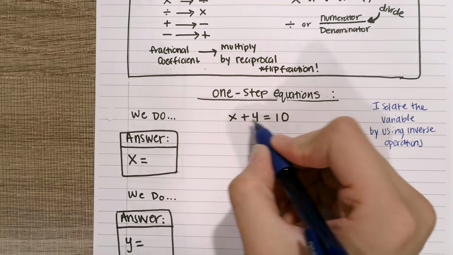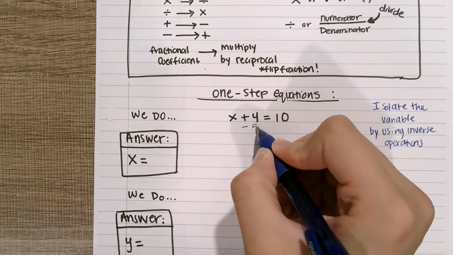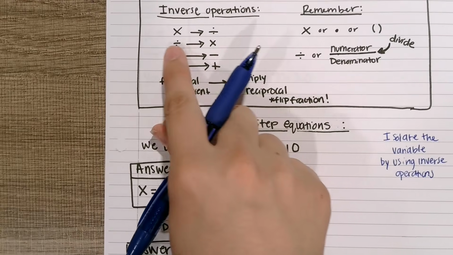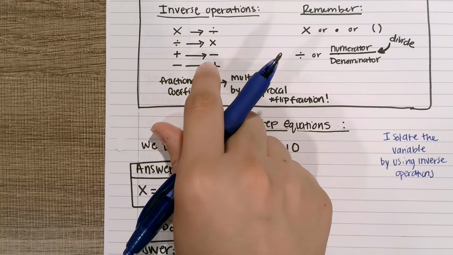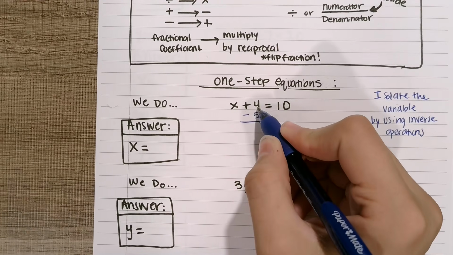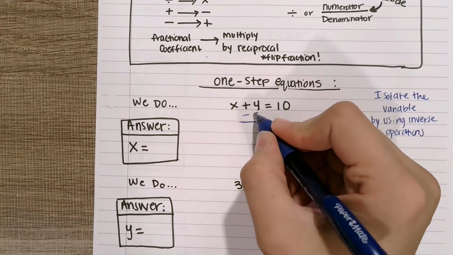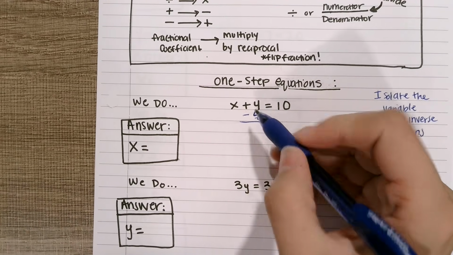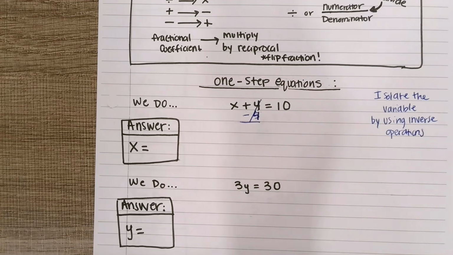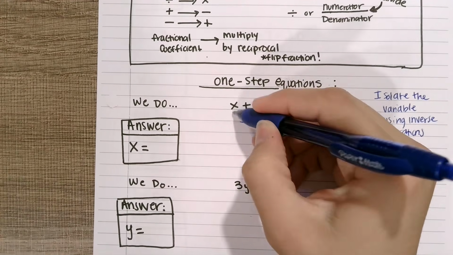So if it's plus 4, minus 4, and if you forget our inverse operations, there they are. So the inverse of plus is minus, which is why I'm doing it. And sorry, I put 5. I should have put 4. I know I did that. So plus 4 minus 4 zeros out, so the x can come down.